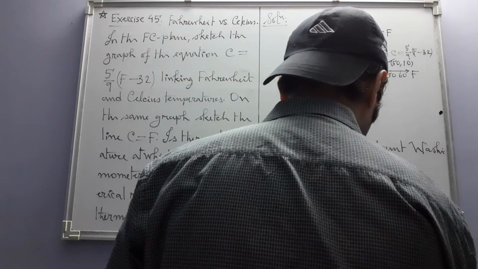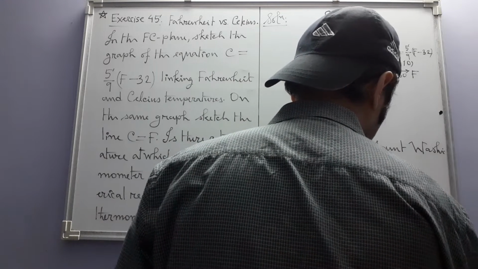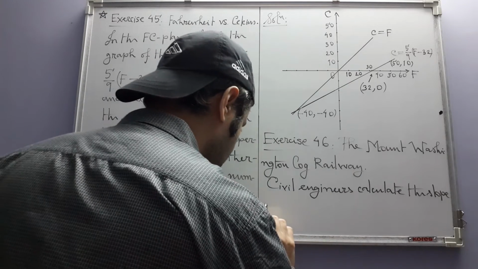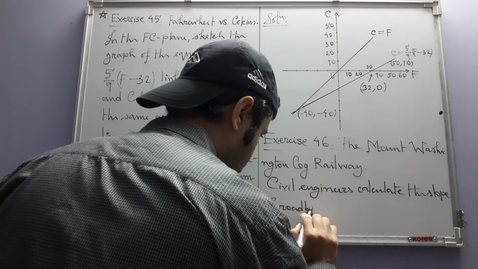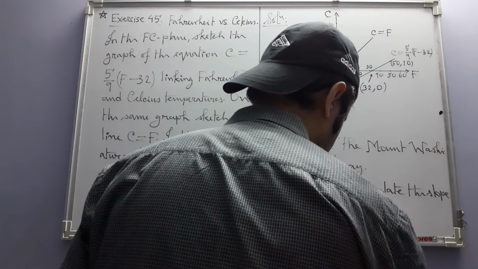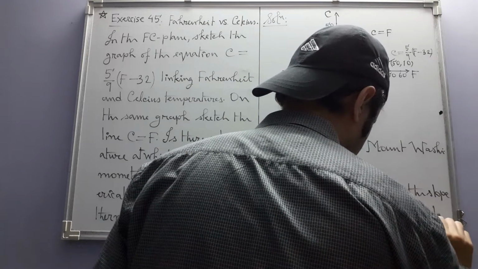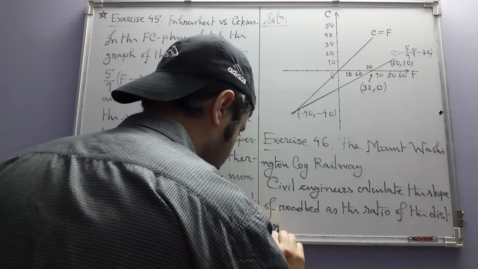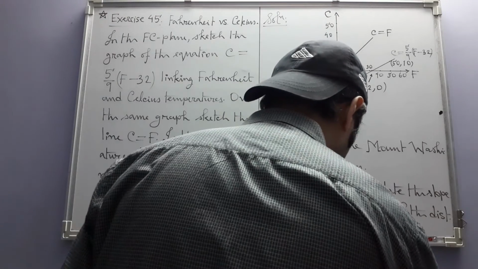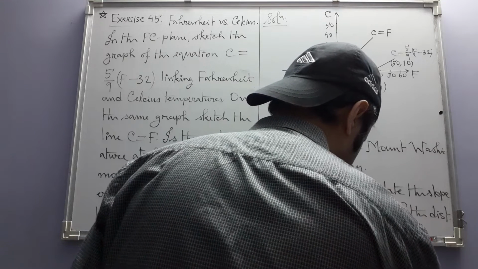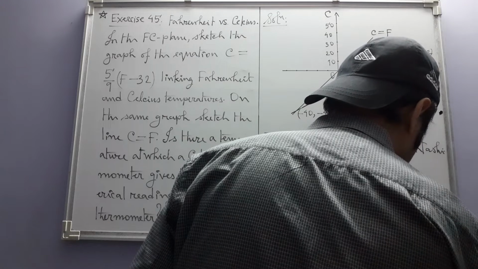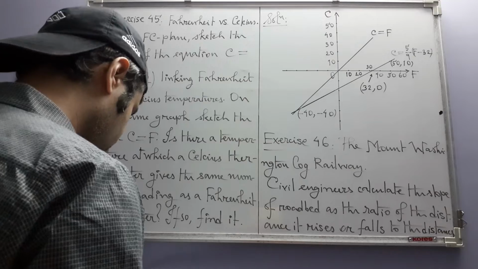Civil engineers calculate the slope of a road bed as the ratio of the distance it rises or falls to the distance it runs horizontally.